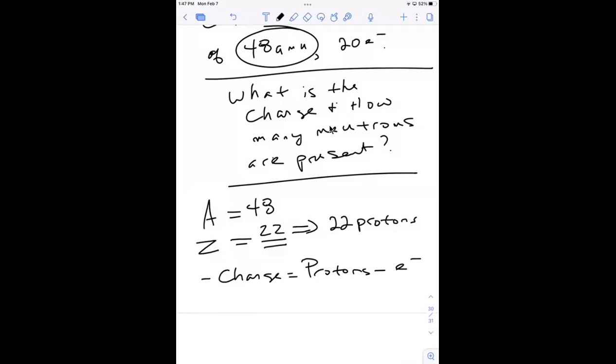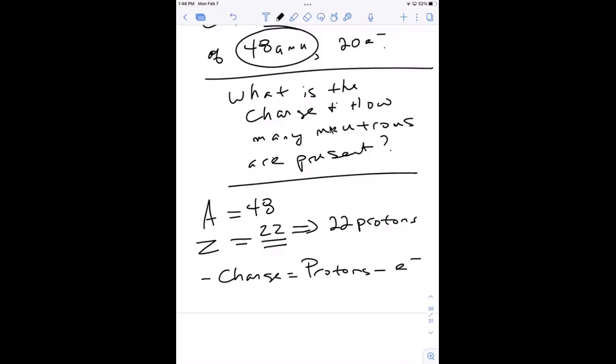Let's say the titanium was neutral. How many electrons should it have if it was neutral? Think back to what we talked about at the very beginning of class. For a neutral atom, should the protons and electrons be equal, since one is positive and one is negative?